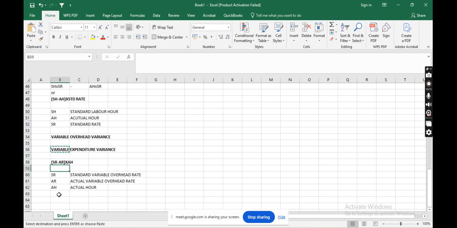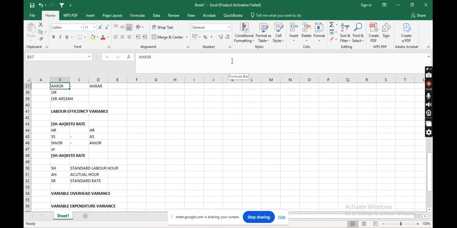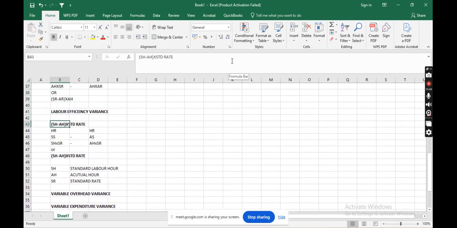So next is the variable efficiency variance, right? So I can decide to copy this part to be variable efficiency variance.